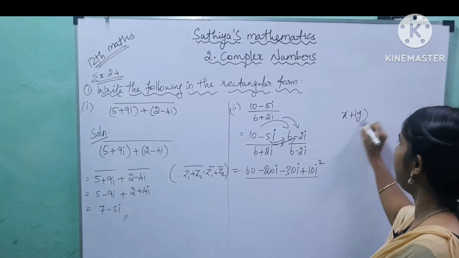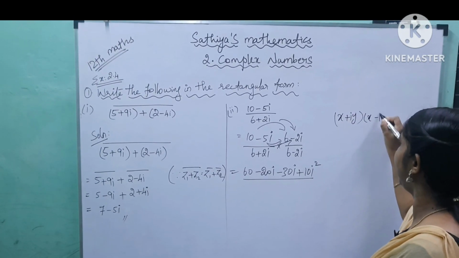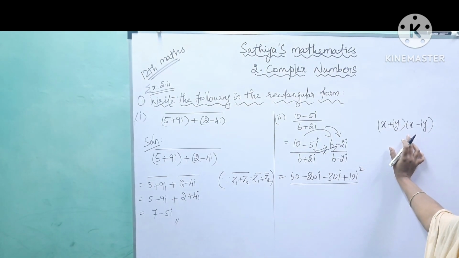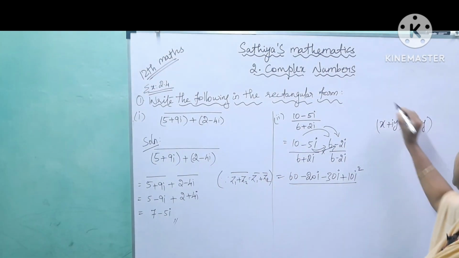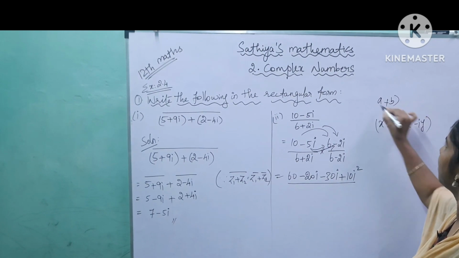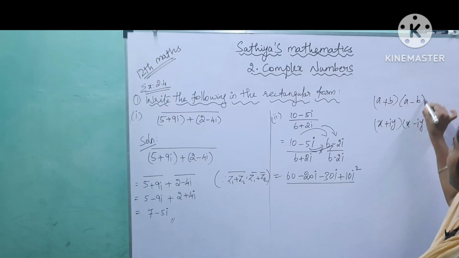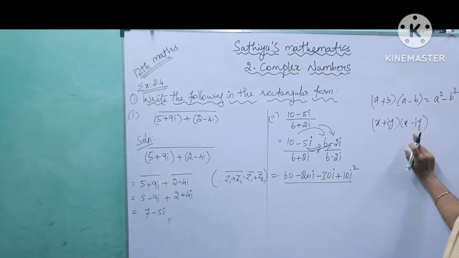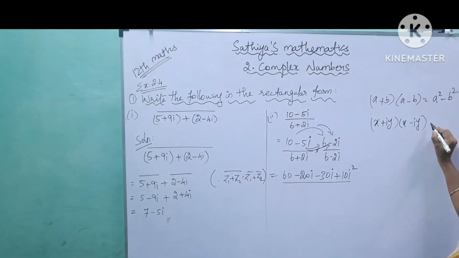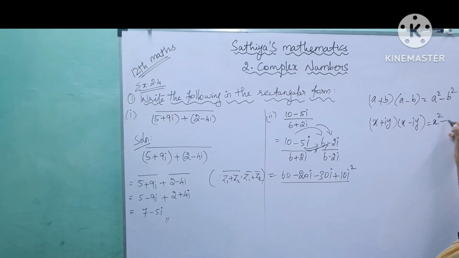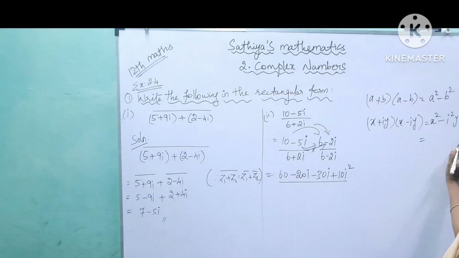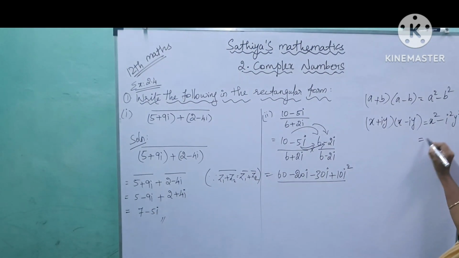x plus iy into x minus iy, we know the formula: a plus b into a minus b is nothing but a square minus b square. Using this formula, x plus iy into x minus iy, we can write it as x square minus i square y square. I square is minus 1, so replace i square by minus 1.